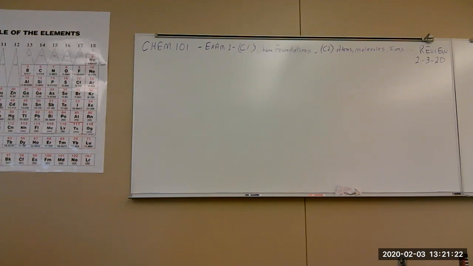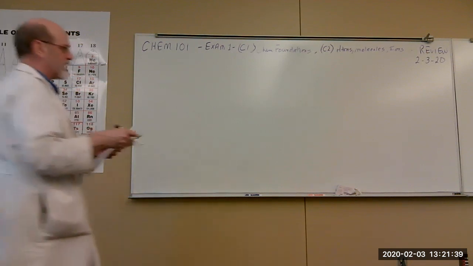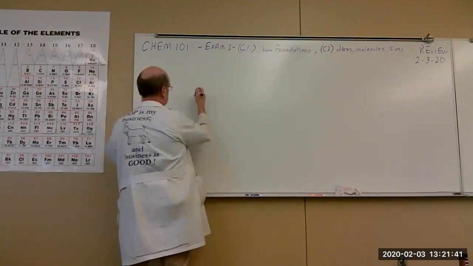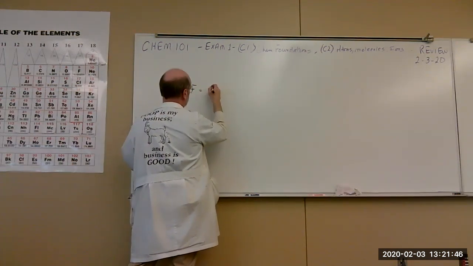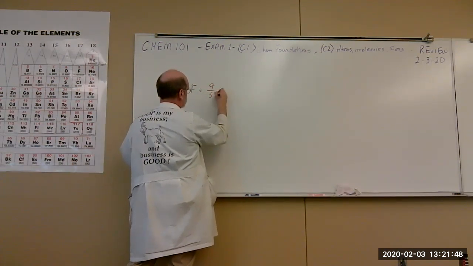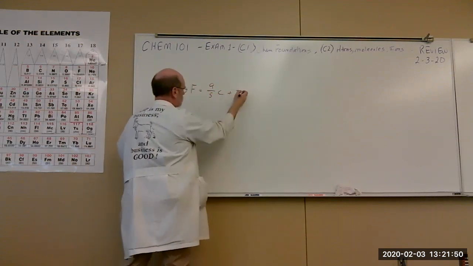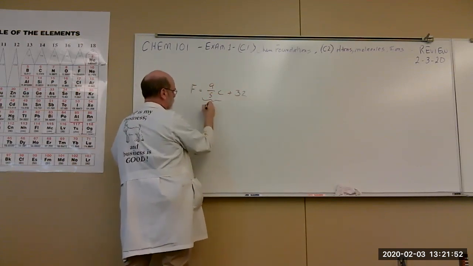Temperature conversions, right? Of course, if you look at the useful information, there should be the formula for converting. Yeah, right. So that's in your useful information, and that will be on your test. So if you want to go to Fahrenheit from centigrade, I always memorize it this way. But this is also equal to 1.8.